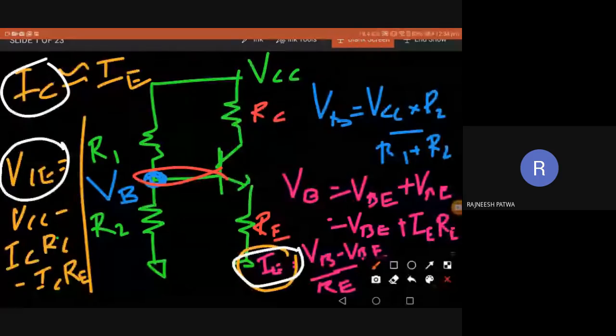Now maybe we'll discuss one more circuit which is usually seen in the exam. I'm drawing the circuit; you have to find the Q point.